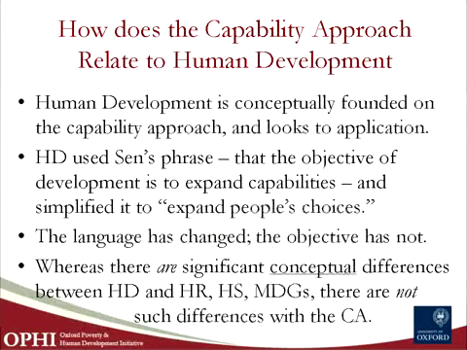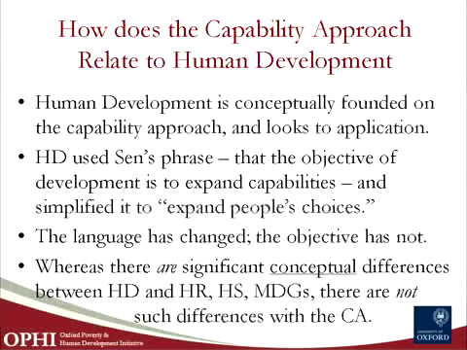The initial human development reports simplified Sen's phrase that the objective of human development is to expand people's capabilities into a simpler phrase of expanding people's choices. But later human development reports returned to the language of capabilities itself and recaptured it.